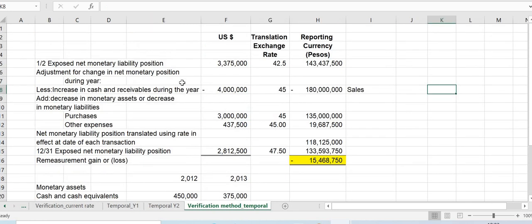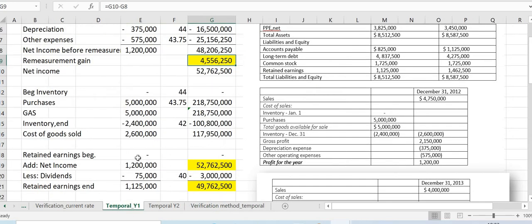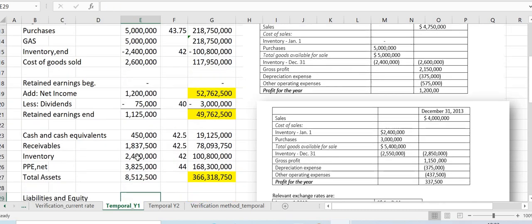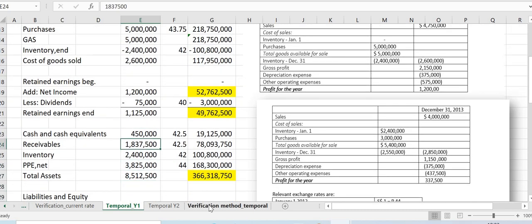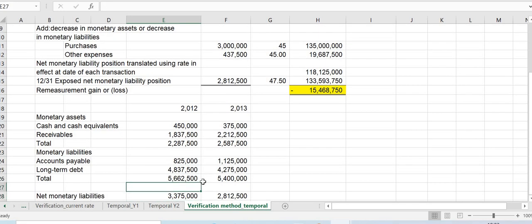Okay, so in the verification method, we will analyze if we do have a net monetary liability position or a net monetary asset position. Okay, so for 2012, diba? We have total monetary assets of 2,287,500. This is actually based on our balances. Ito siya. Okay. And we also have total monetary liabilities of 5,662,500.